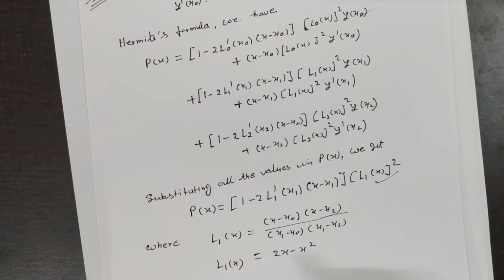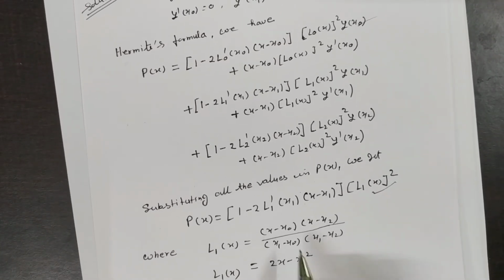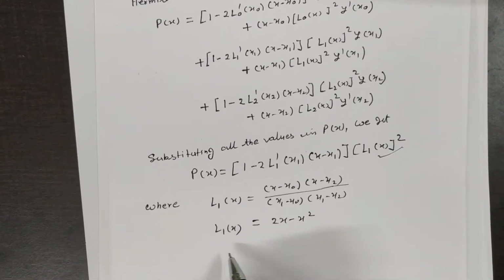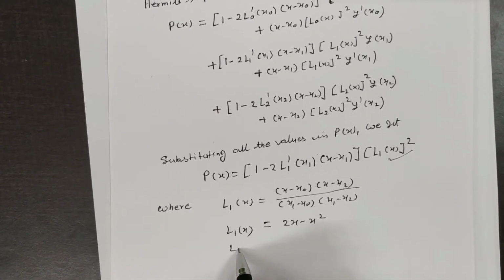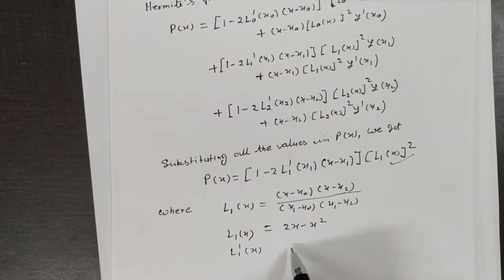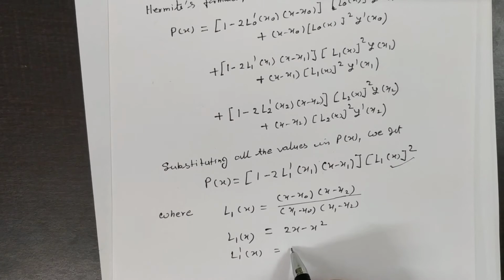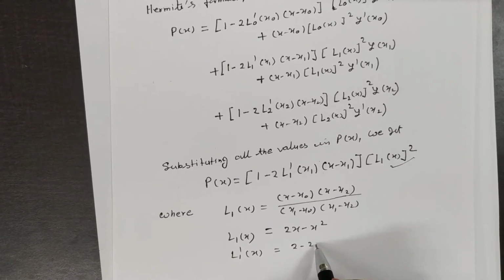Now we need the derivative of this. Differentiating, L1 dash(x) equals 2 minus 2x.